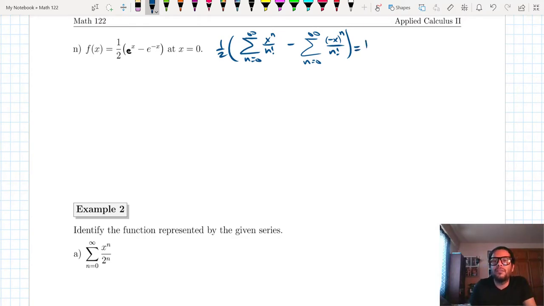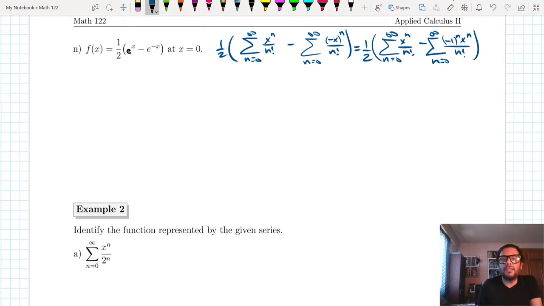So that is 1/2 sigma n equals 0 to infinity, still the same, x to the n over n factorial. And for the next, negative 1 to the nth power, x to the n over n factorial, n equals 0 to infinity.